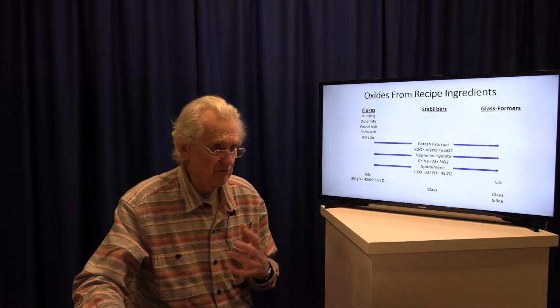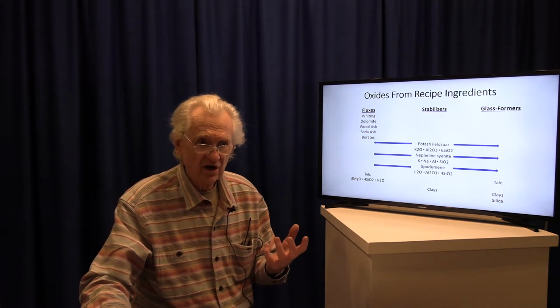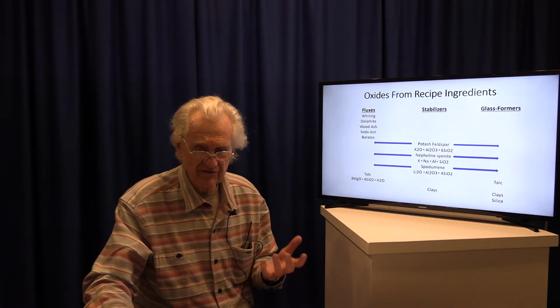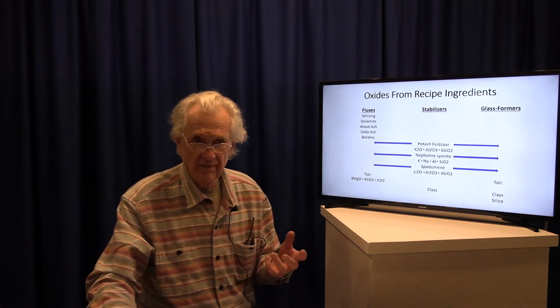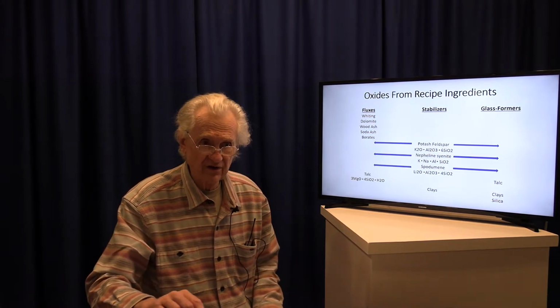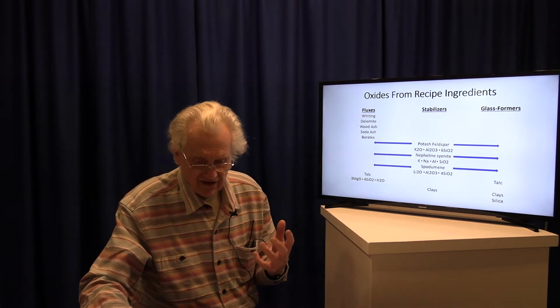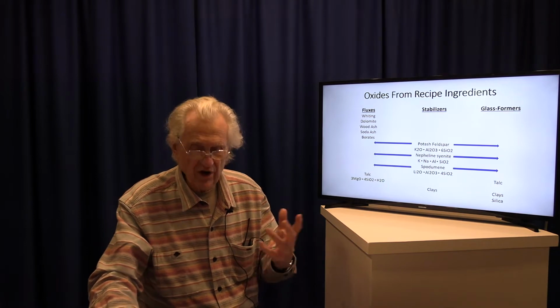Okay, so if we know a little something about the composition and the functions of various ingredients, and this will take a little bit of review to look over some of these ingredients and to learn how each ingredient behaves, to know, for example, that potash feldspar melts at a fairly high temperature. Once you know that, then you look at a recipe, and you can recognize what it's maybe contributing to the glaze. I can look at a recipe and say, well, what are the ingredients?